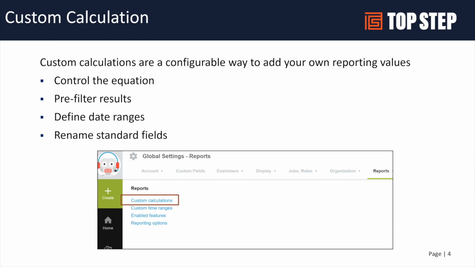Some of the naming conventions in OpenAir reporting values can be quite lengthy, and when you dump them into Excel they make the columns difficult to see and read. Using a custom calculation is a nice way to rename them. In the latest UI, you access custom calculations under Administration, Global Settings, Reports, Custom Calcs.